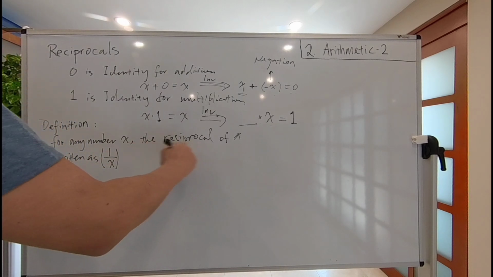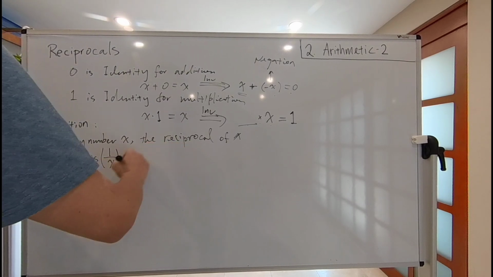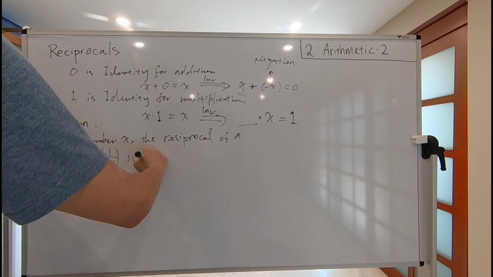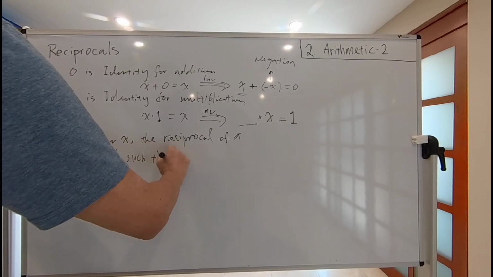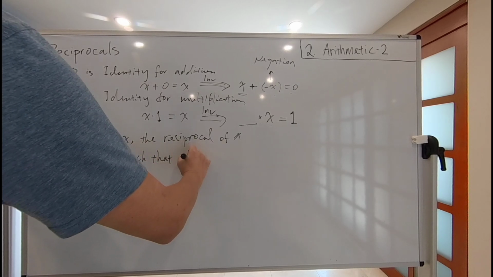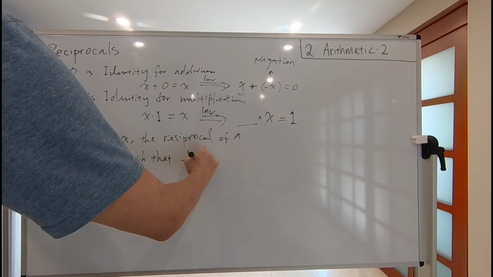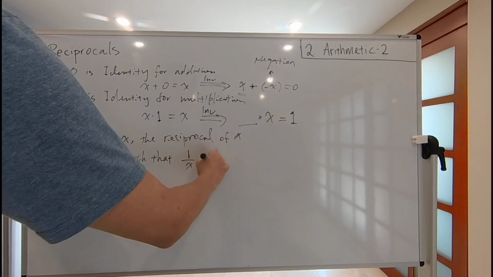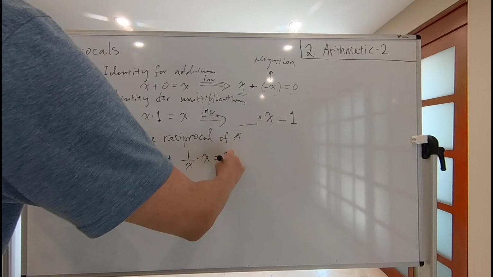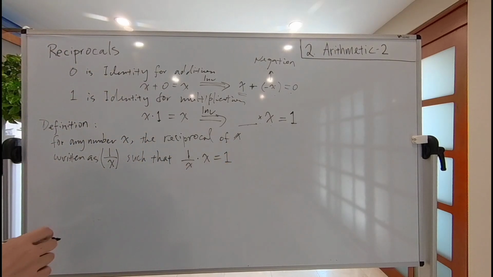So the reciprocal of x is written as 1 over x, such that 1 over x, the reciprocal, times x itself will equal 1.